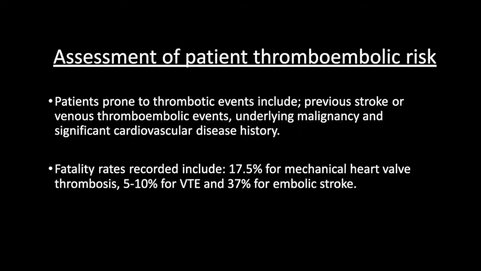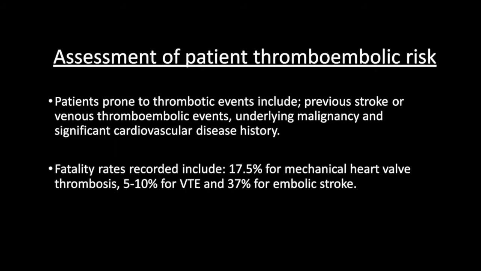You also have to be conversant with the patient's thromboembolic risk, like I've said. Examples would be reviewing your patients and knowing if they have a big risk of thrombotic events, like patients who recently had stroke, patients who have a risk of thromboembolic events, patients who have underlying malignancy, and patients who have a significant history of cardiovascular disease.